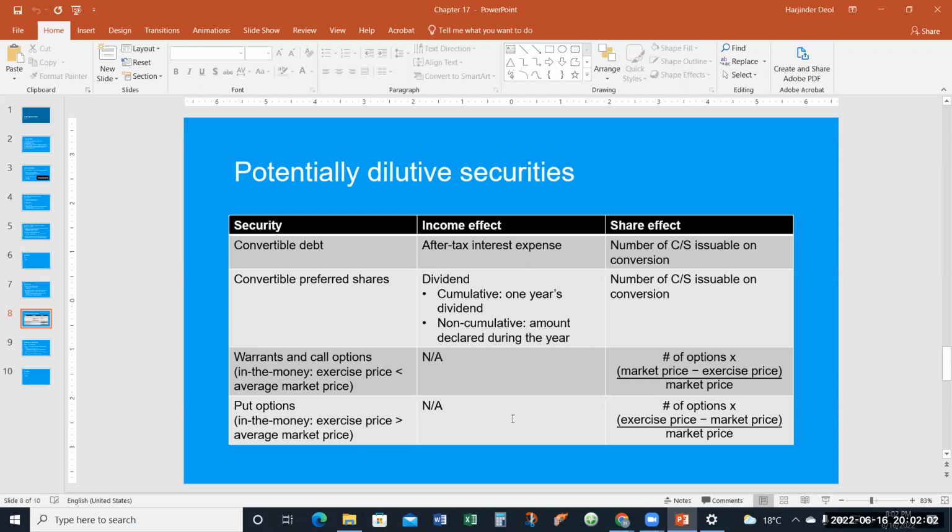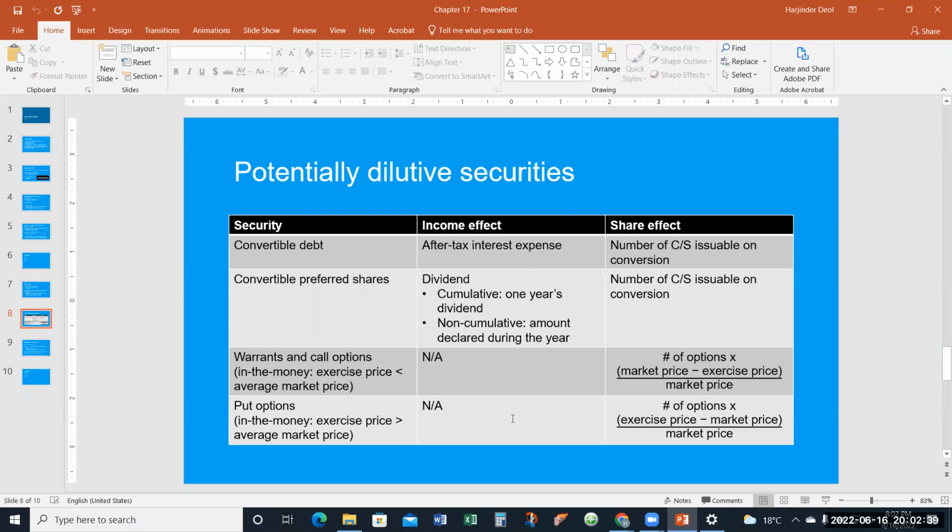I will try to give you a basic explanation when I do an example, but the basic math is the share effect is calculated by multiplying how many options were outstanding that were in the money, multiplied by the difference between the average market price and the exercise price over the average market price. Okay, so I'll just leave it at that for now. I'll try to explain when we're dealing with numbers, but that's the math.